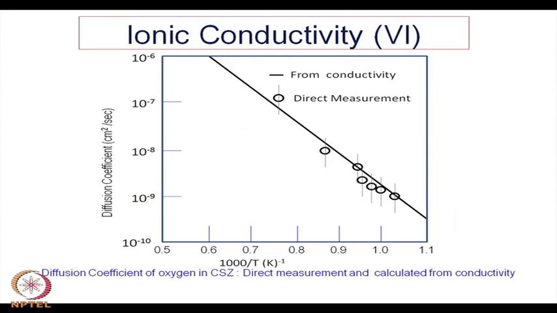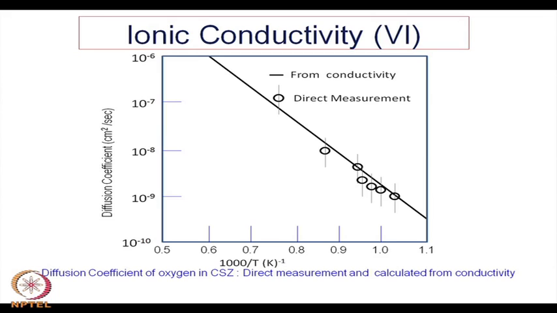Now, this is basically a justification of this relationship. That means, in reality we do get a correlation between the ionic conductivity and diffusion. This is in the case of CSZ, that is calcium stabilized zirconia.